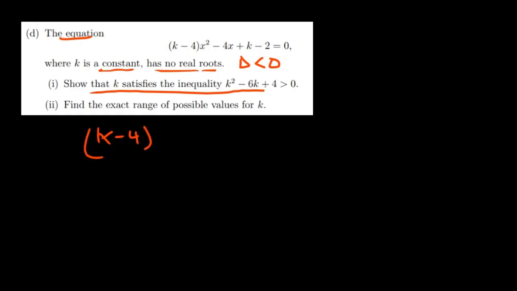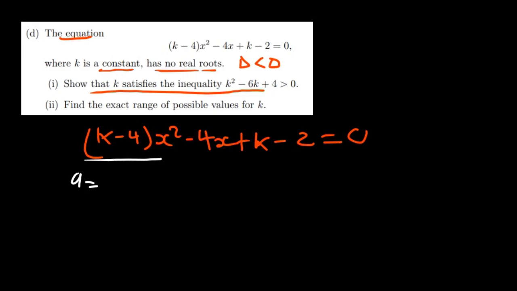So we have (k minus 4)x squared minus 4x plus k minus 2 equals 0. From this quadratic equation we can get our value of a. Our value of a is always the coefficient of x squared, so that would be k minus 4. Our value of b is always the coefficient of x, which is just minus 4.